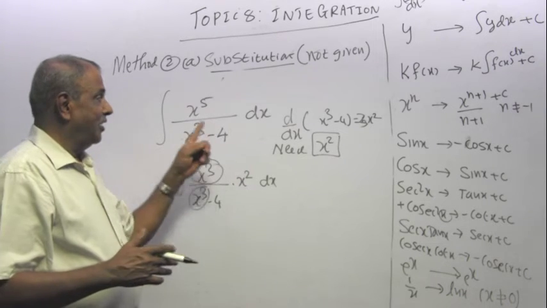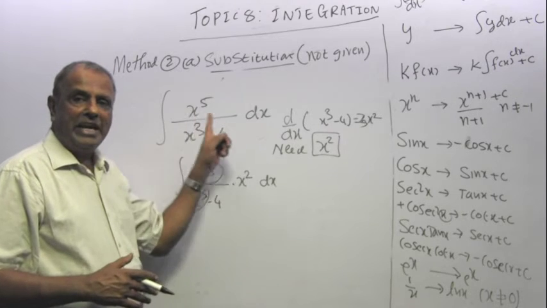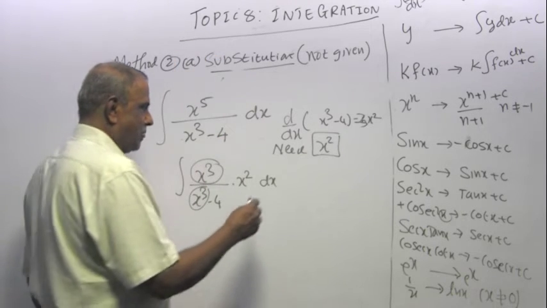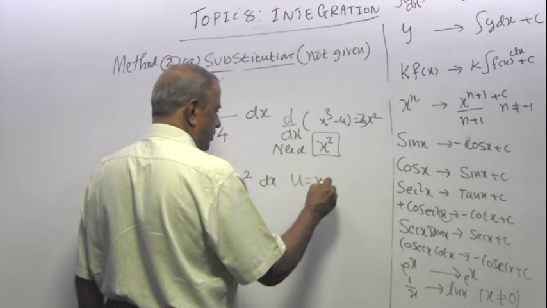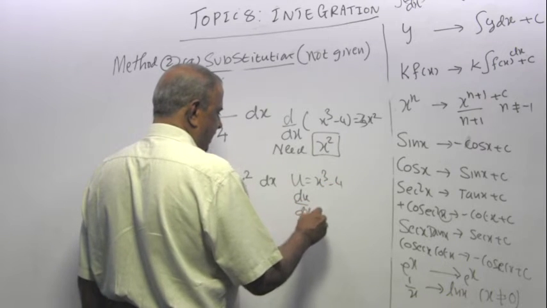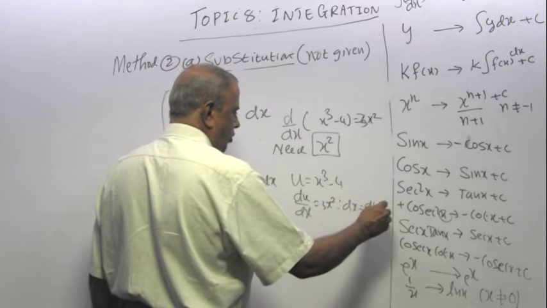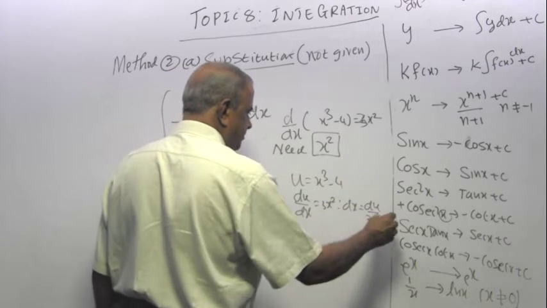And as I said, always get rid of the denominator, not the numerator. So if I call u equal to x cube minus 4, du by dx is 3x squared. So dx equal to du over 3x squared.